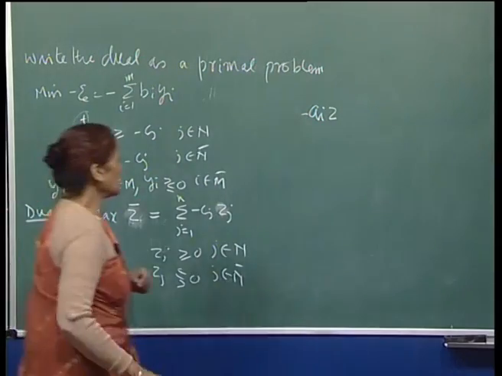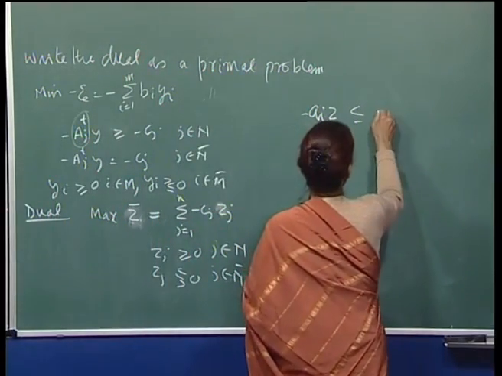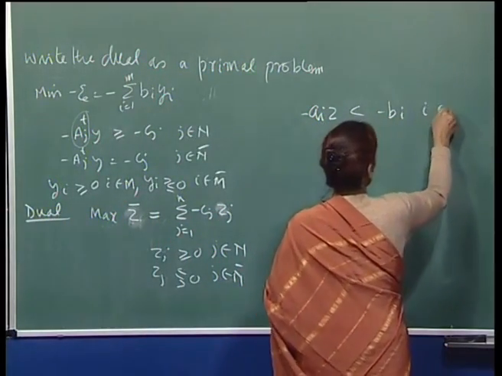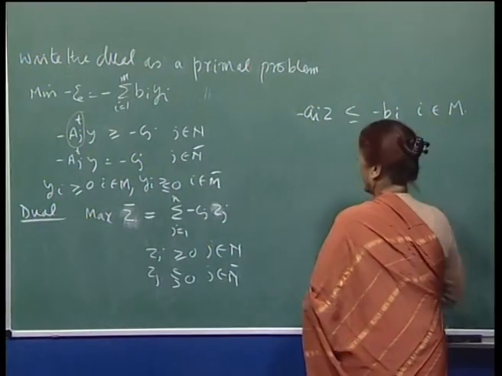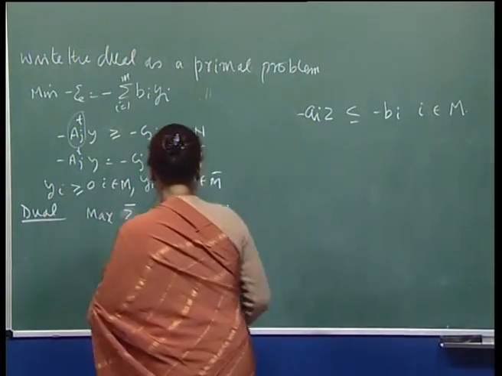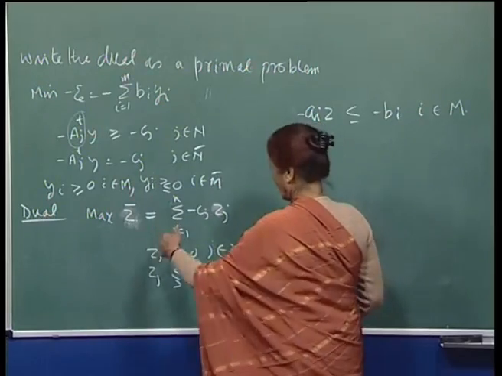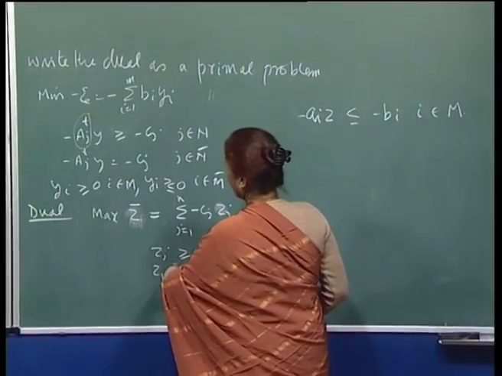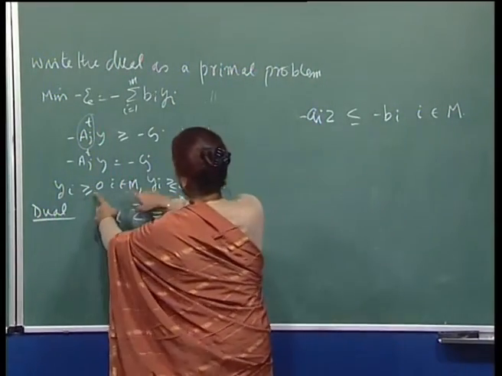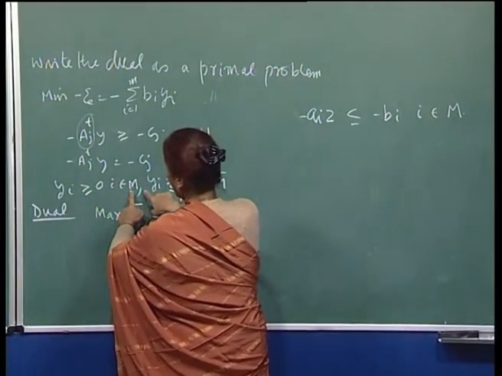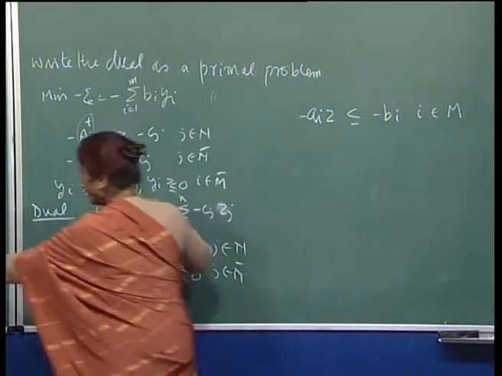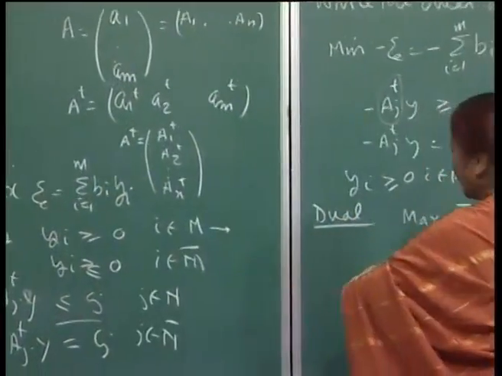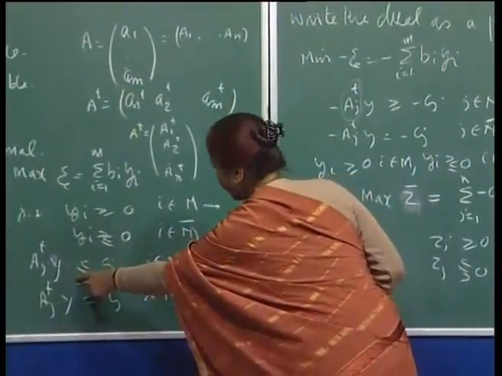So, the corresponding Aj is less than or equal to minus Bi, i belonging to M, right, because you have here yi non-negative for i in M. So, the corresponding thing here would be this constraint, right. For non-negativity there, I had this constraint.